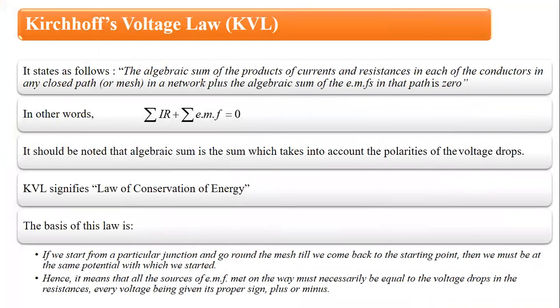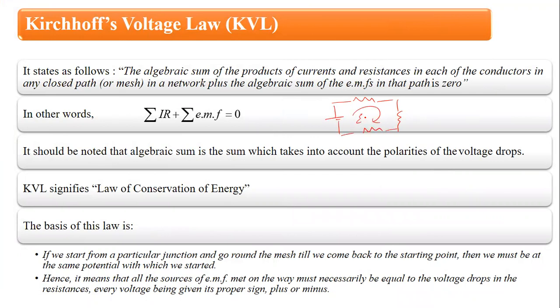So Kirchhoff's voltage law is basically the law which states that in any electrical network, in a mesh of that electrical network, the net voltage is zero. The total or net voltage in any loop of the electrical network is zero.